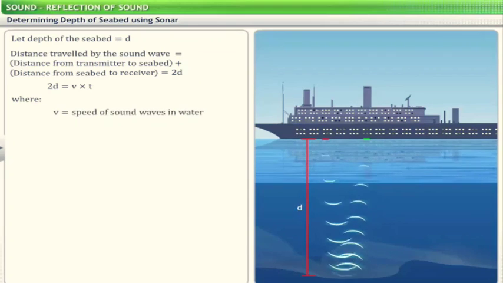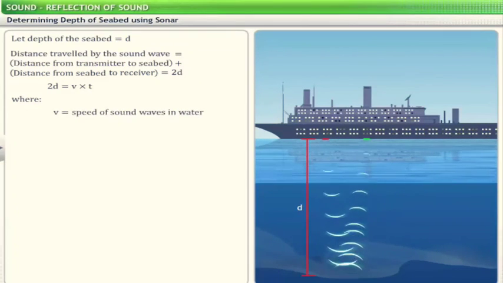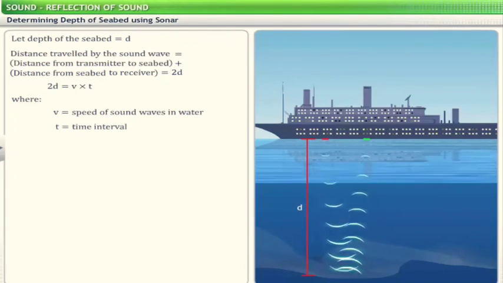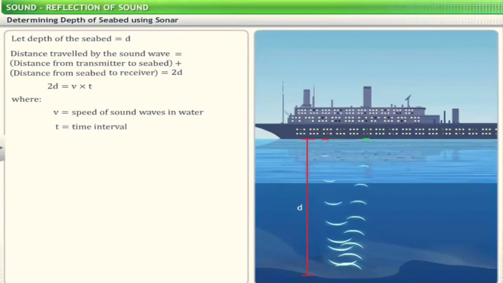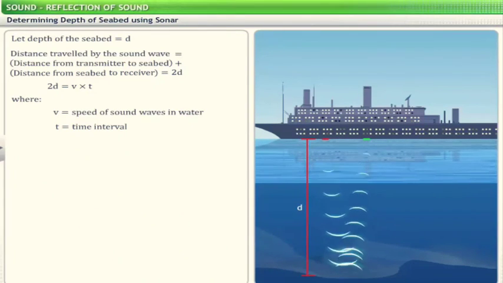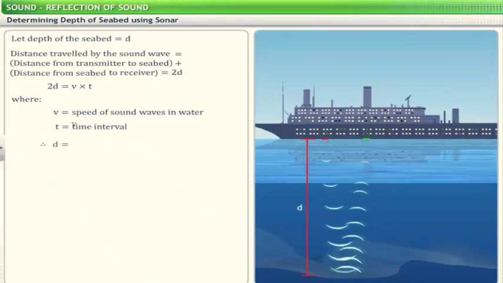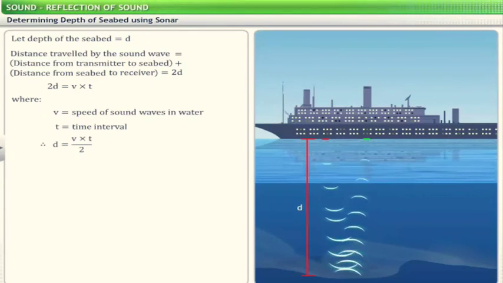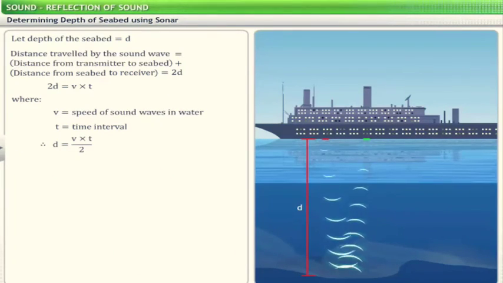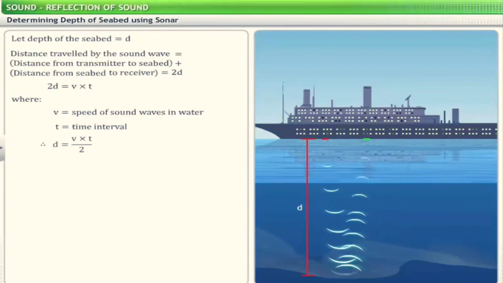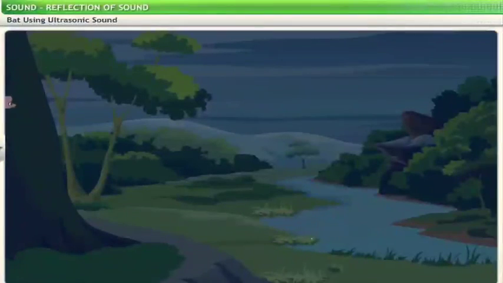Twice the distance d is equal to the product of the speed of the sound wave in water, v, and the time interval between emission and reception of the ultrasound. Thus, the depth of the seabed is equal to half the product of speed of the sound and the time interval.